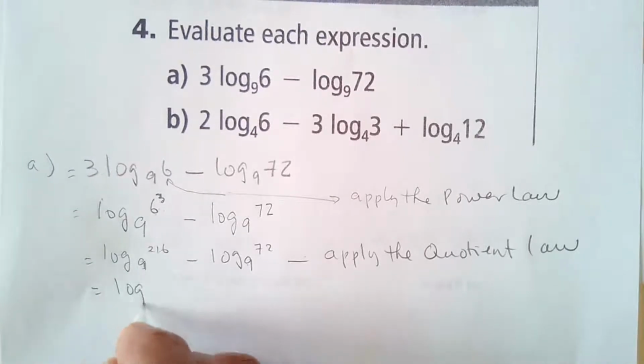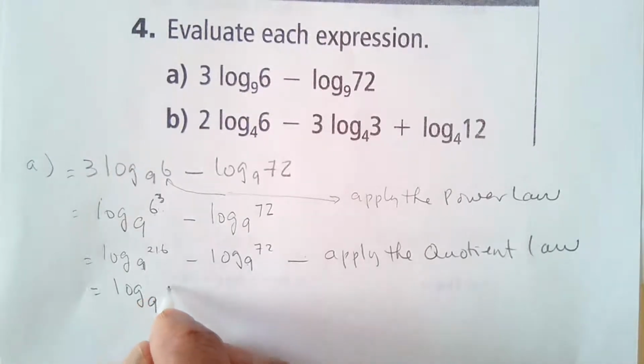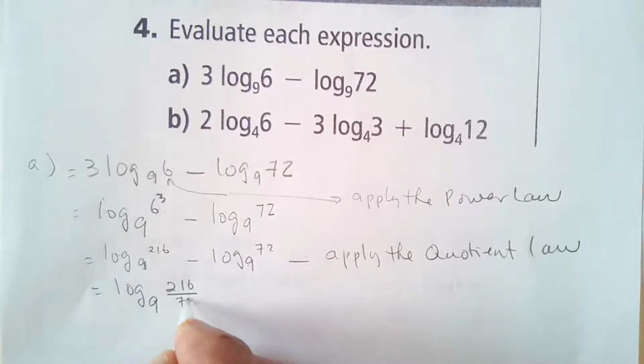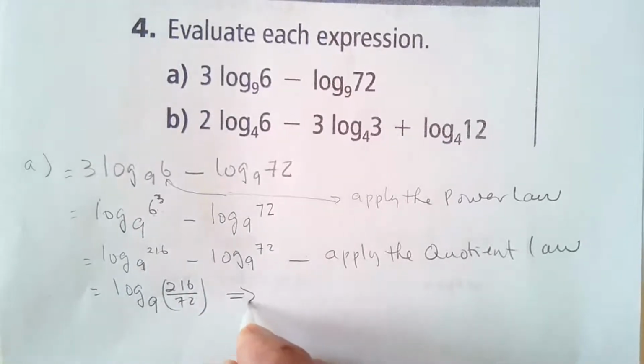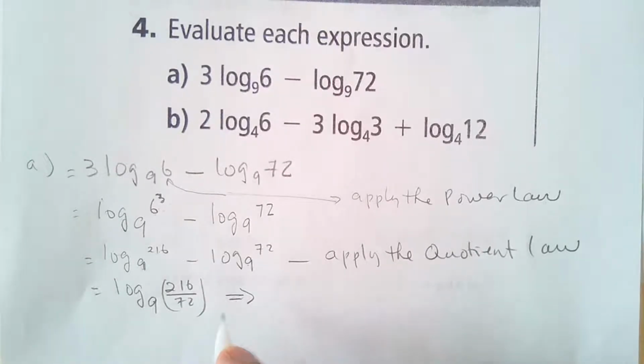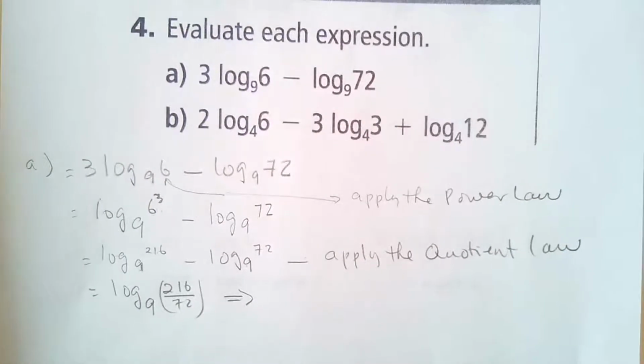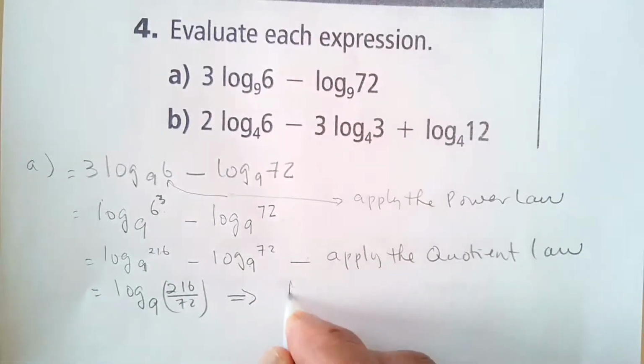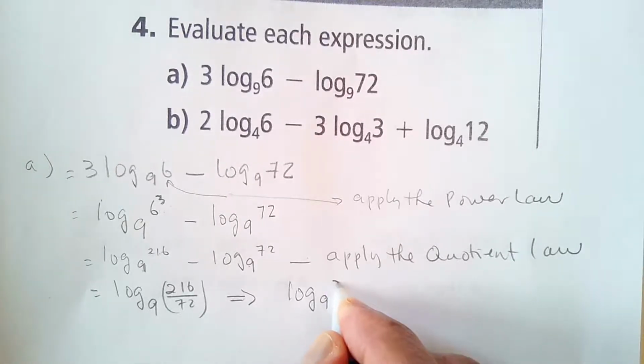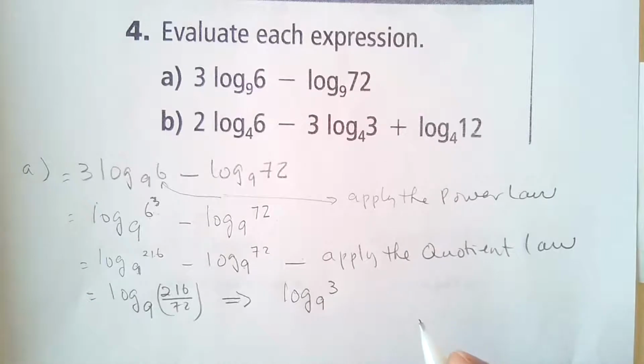So it's going to be log 9 of 216 divided by 72. If we do that, what do we get here? 216 divided by 72 gives me 3. So that gives me log 9 of 3.